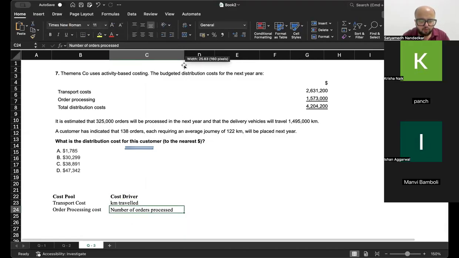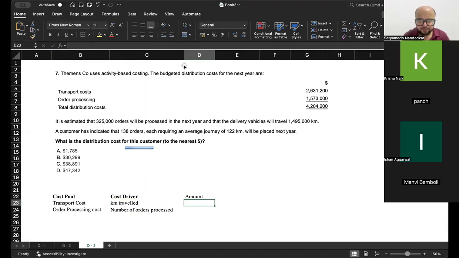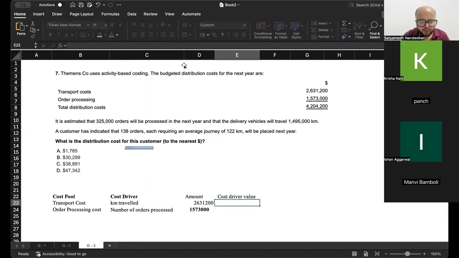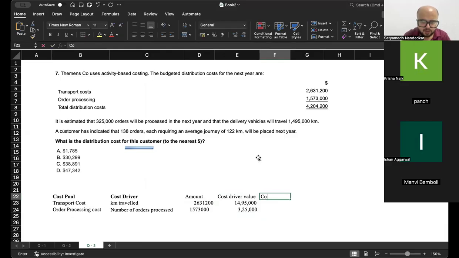Now, what is the amount? 26,31,200 and 15,73,000. Now, cost driver value: 3,25,000 orders will be processed, and how many kilometers? 14,95,000 kilometers. ठीक है.